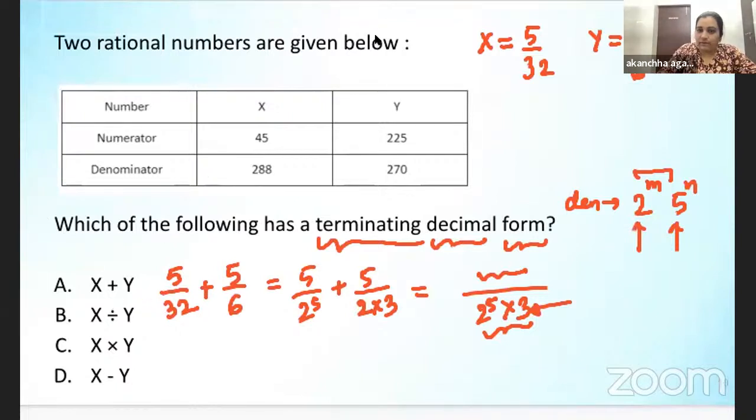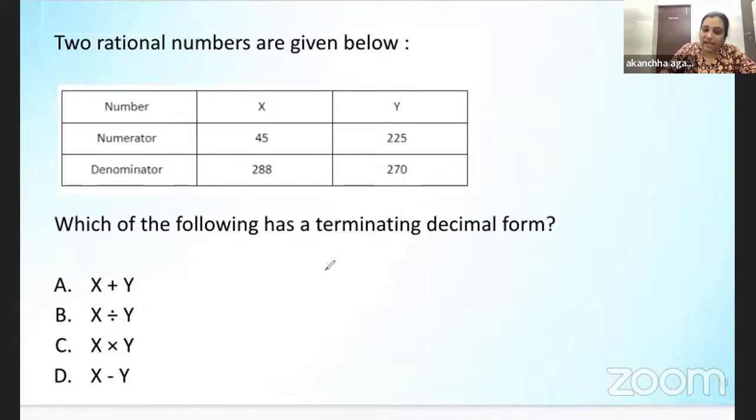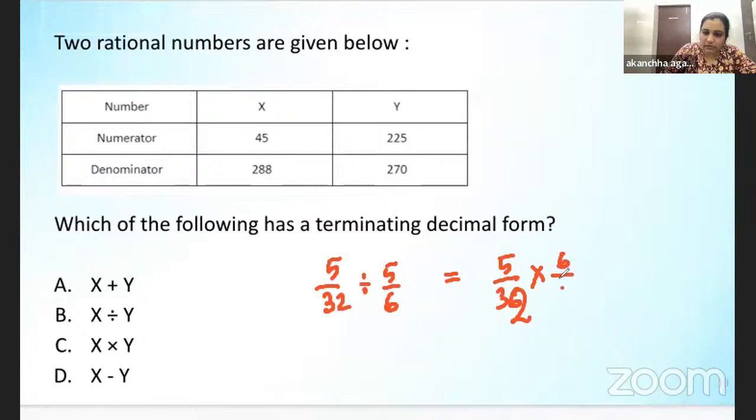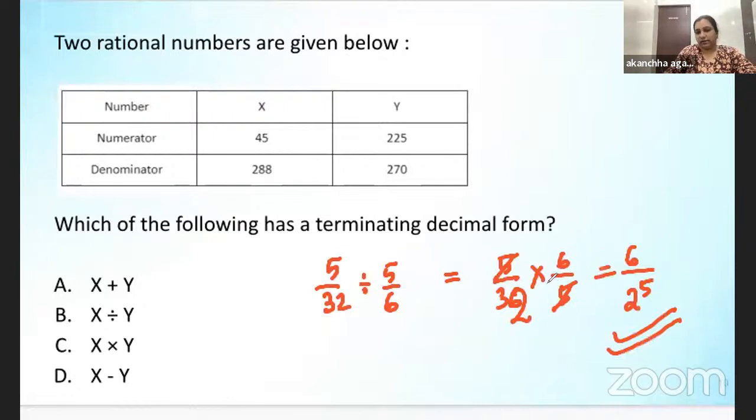Now coming to option B, which is x divided by y. So x was 5/32 and we are dividing it by 5/6. So which is 5/32 times 6/5. Here you see in the denominator we are getting 2⁵, since 32 is 2⁵. So this will surely have a terminating decimal form, right?